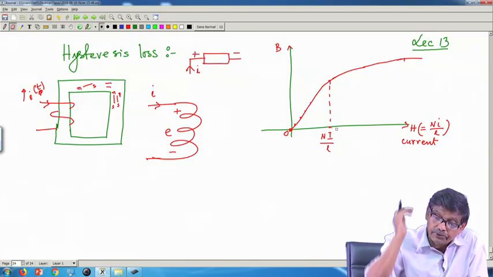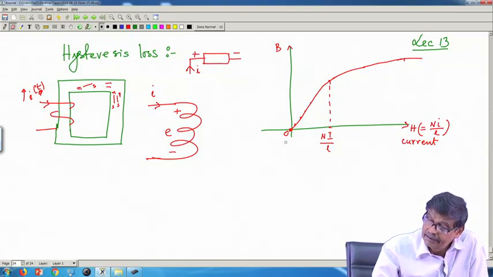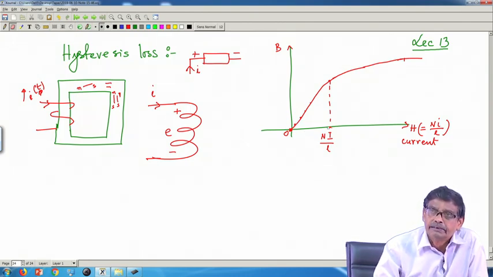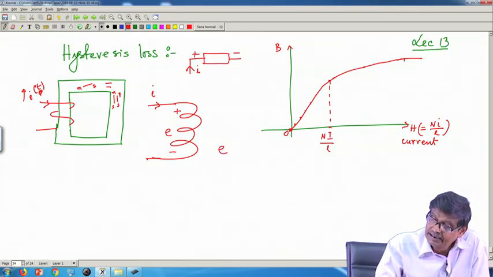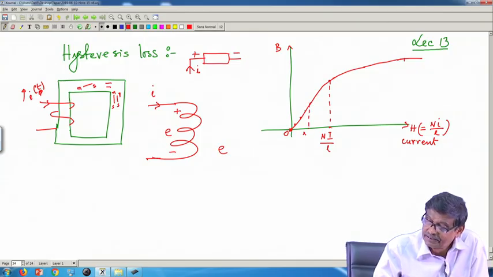What I will do is this: as I is increasing during this process, I is a function of time, you know. So, induced voltage at any instant, suppose the current is N I by L, and the B value is B.